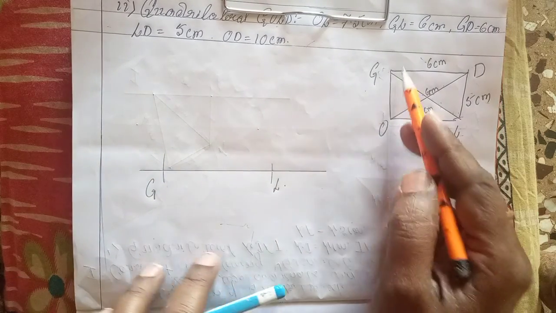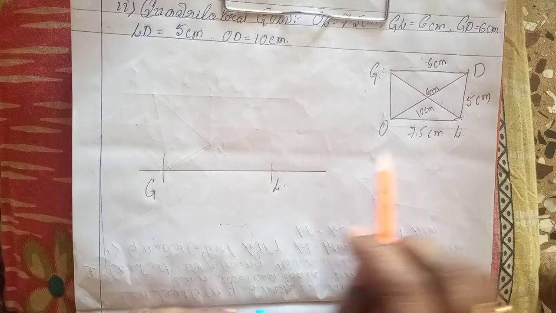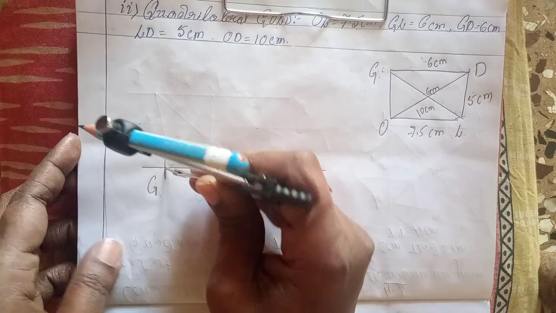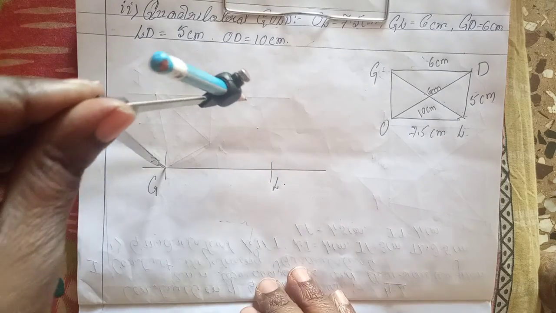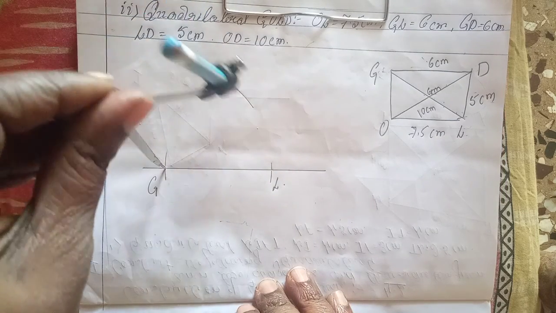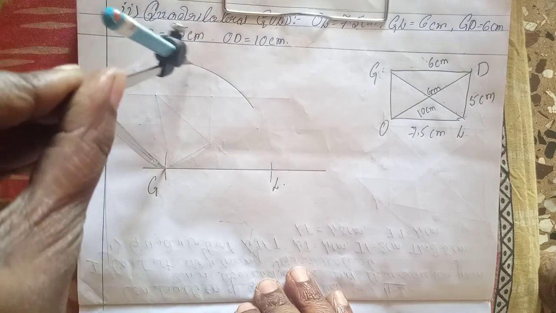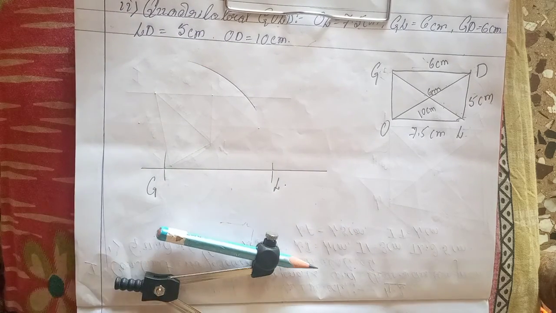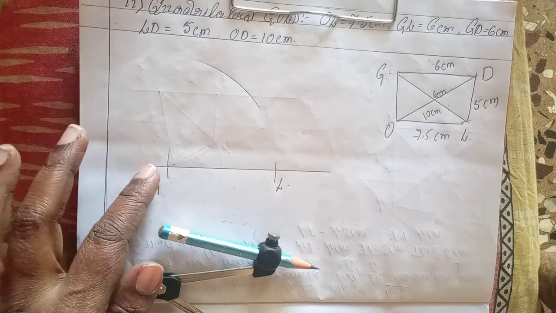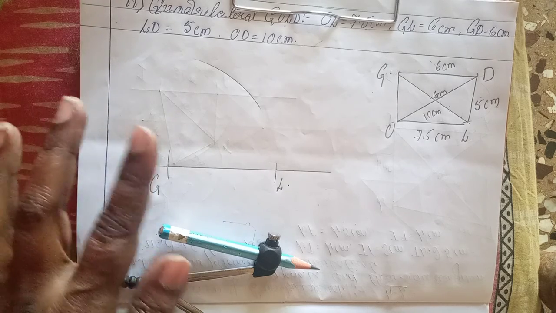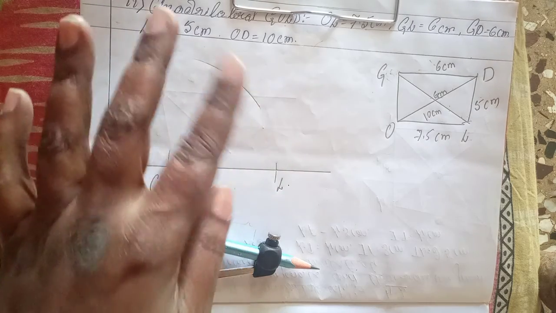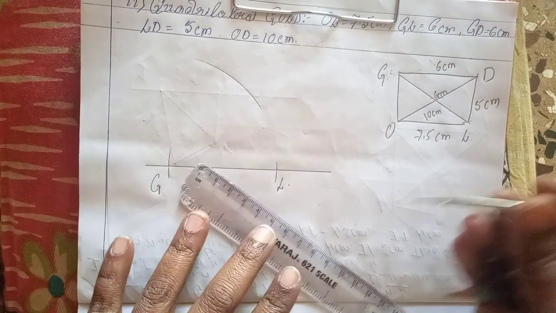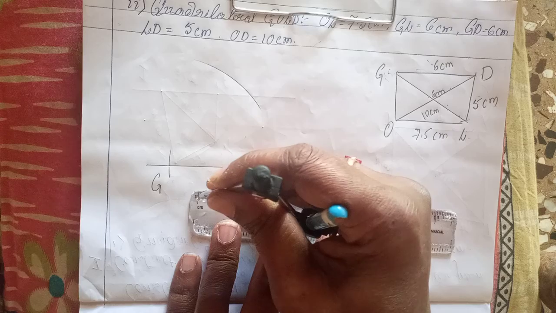Well, we know that GD is also 6 centimeter. Don't change the measurement. Cut an arc on the upper part of the GL line like this, from G. Now LD is equal to how much? LD is equal to 5 centimeter.